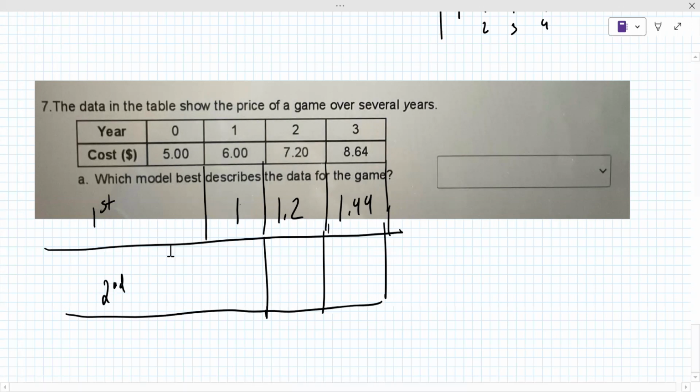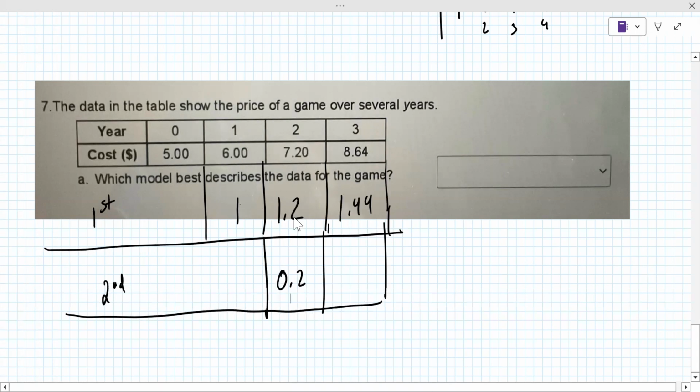What's the first one here? 1.2 and subtracting 1. 0.2. 0.2, good. And then for the second difference, you're always looking at the previous line.